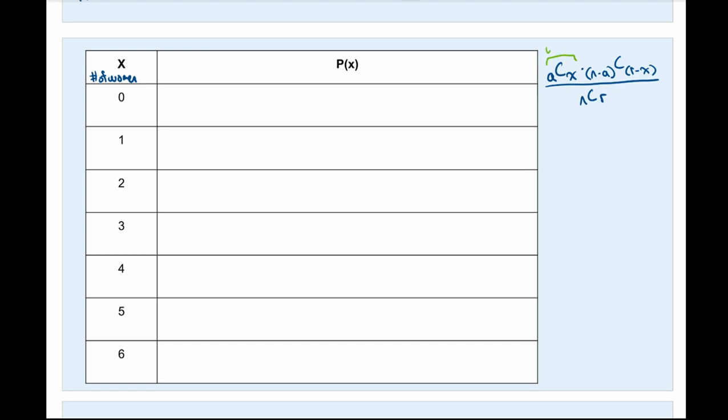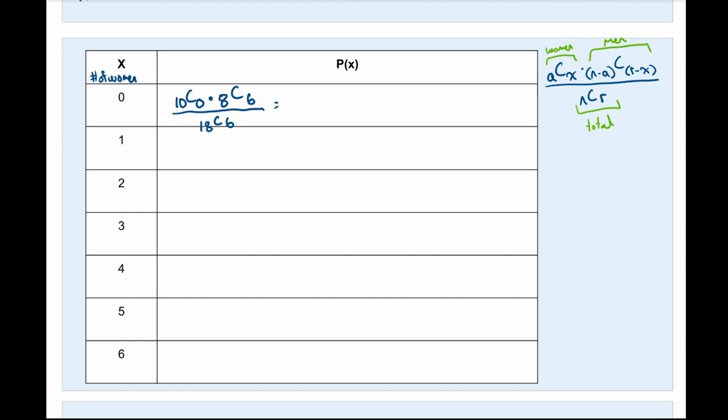The first part is looking at women, the second part is looking at men, and the bottom part is looking at the total. So you might want to use that as a way in if the formula does seem intimidating. So if we look at the first part, number of women, I have 10 women to choose from, but I'm choosing 0 in my first scenario, and I'm going to multiply that by men, which is 18 minus 10, or 8 of them, and I'm choosing 6 minus 0, or 6 of them, to make the 6 jurors. Then I have 18 choose 6.